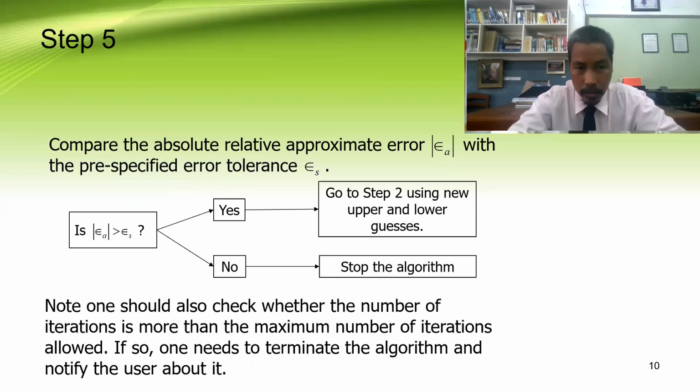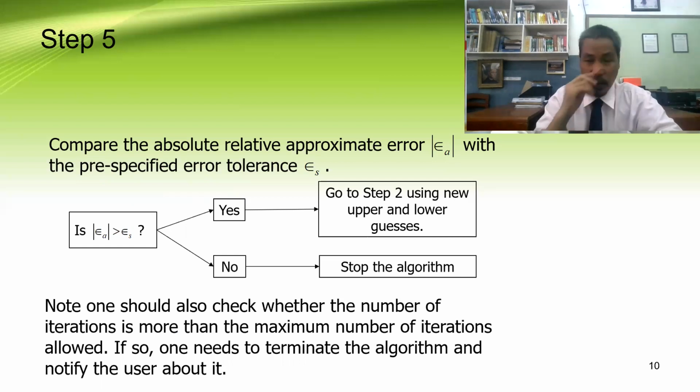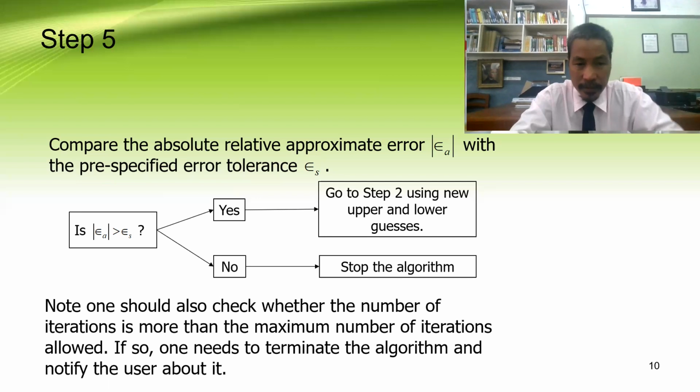So it depends on our pre-specified error tolerance. If we have a specified tolerance, epsilon s, there will come a time that our absolute relative approximate error will be less than the pre-specified error tolerance.